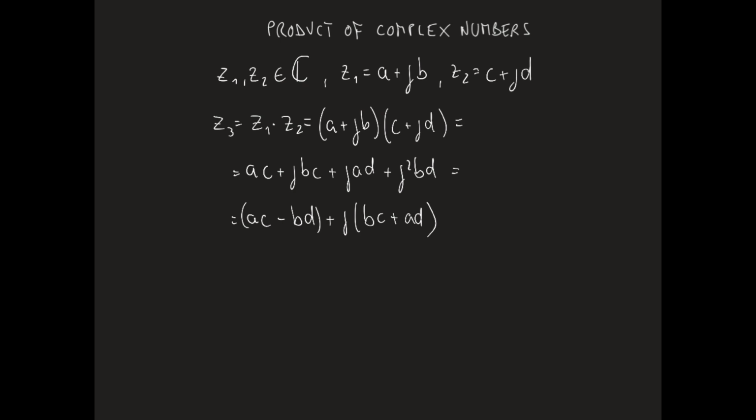So the product of the two complex numbers has a real part given by ac minus bd and an imaginary part given by bc plus ad.